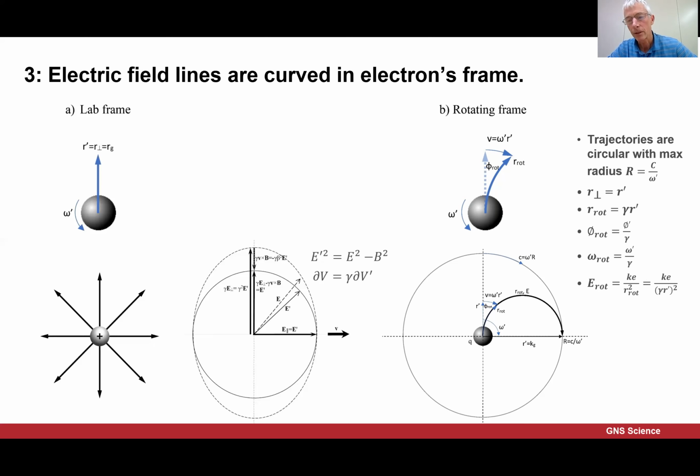And this radius is where the tangential velocity approaches the speed of light. And I've also shown here the transformation of other variables that are happening in the rotating frame of reference.